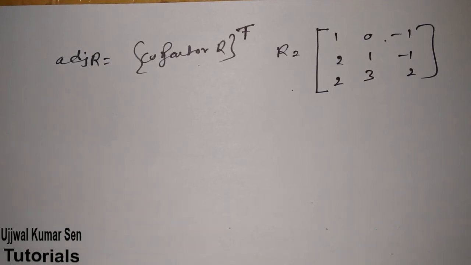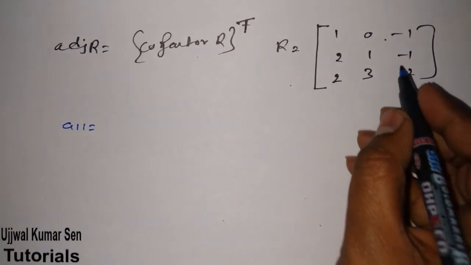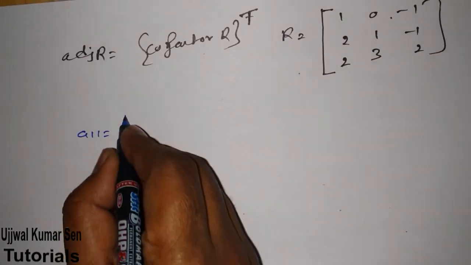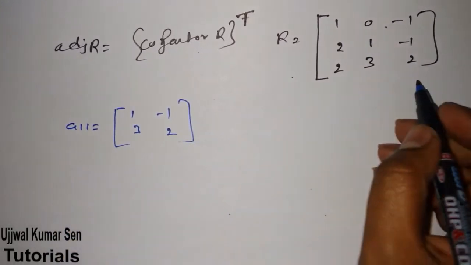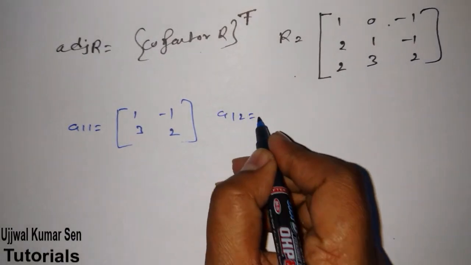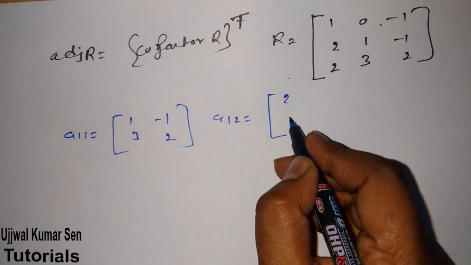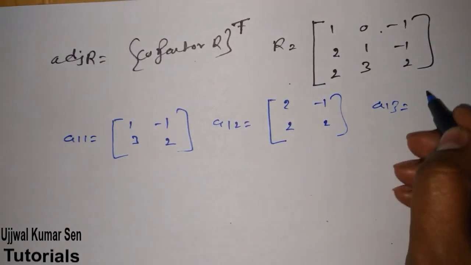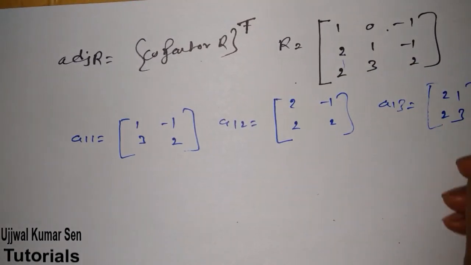For finding the cofactors, we have to remember a naming. A11 is this part, this one is A11, right? So the minor is 1 3, minus 1 2. Now A12 is what? A12 is here, this one and this one, so 2 2, minus 1 2. Now A13 is this one and this one, 2 2, 1 3.